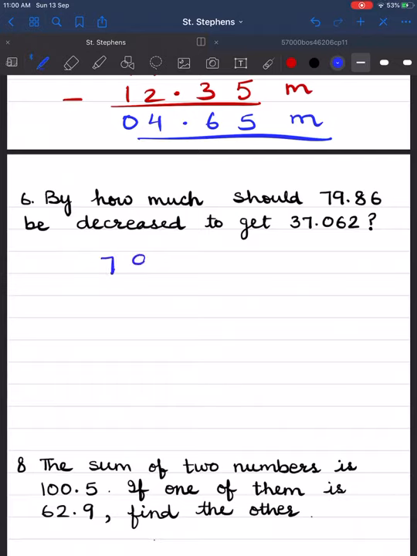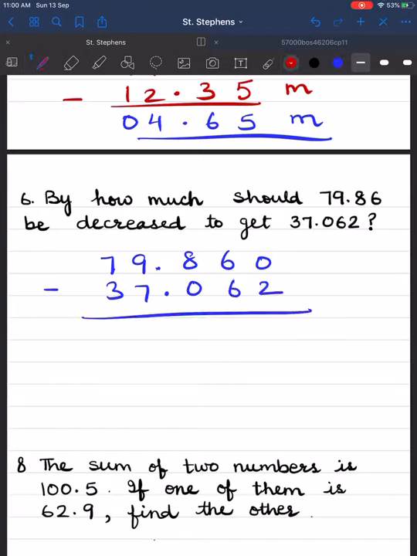So we get 79.860, and we write 37.062 below it and we subtract. So here 10 minus 2 is 8, 15 minus 6 is 9, here 7 minus 0 is 7, decimal below decimal, 9 minus 7 is 2, and 7 minus 3 is 4. So we get 42.798. So this is the required number.